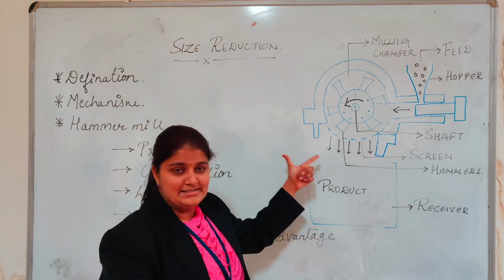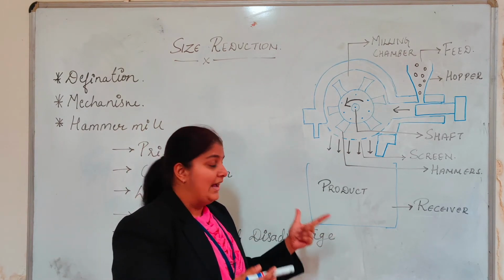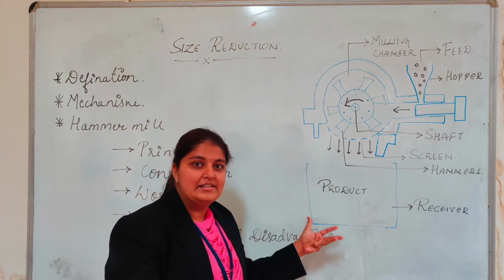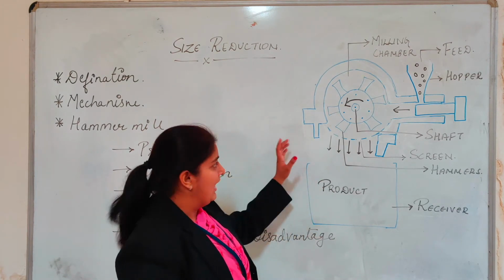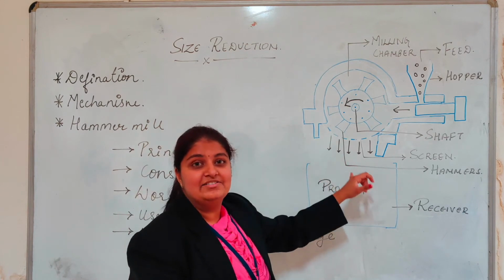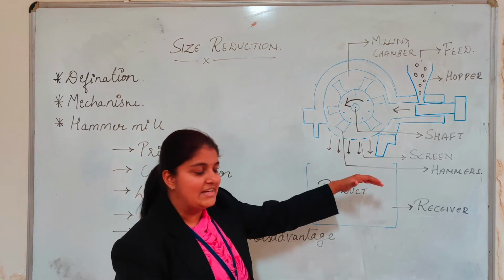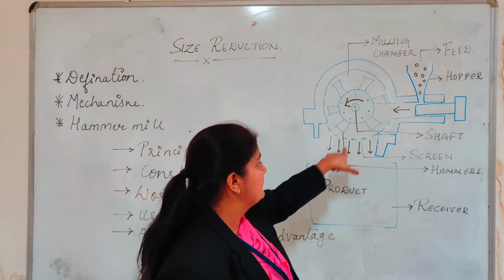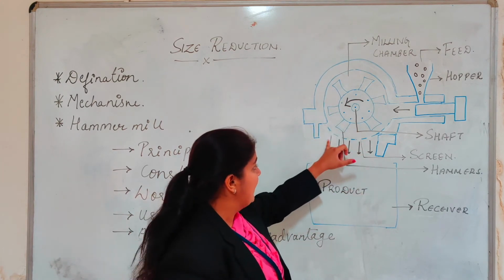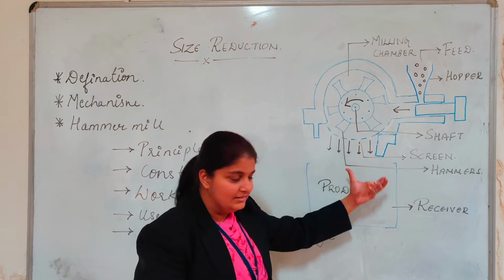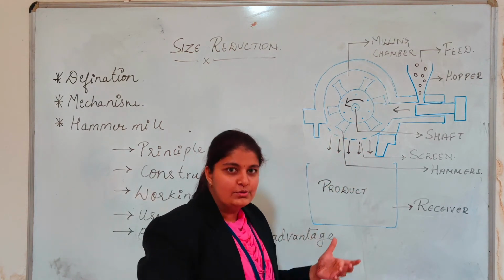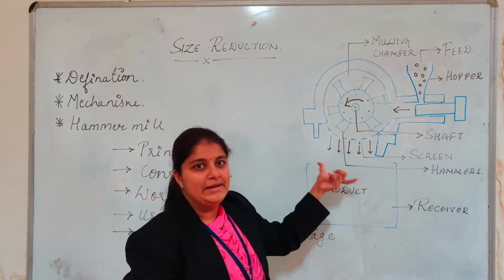It takes very little space, and it is very easy to clean, dismantle and use. Coming to the disadvantage, as I mentioned, we use different sieve sizes, and the particles coming out through these sieves can easily clog them. So care must be taken before use as well as after use, and the cleaning of these sieves should be done.